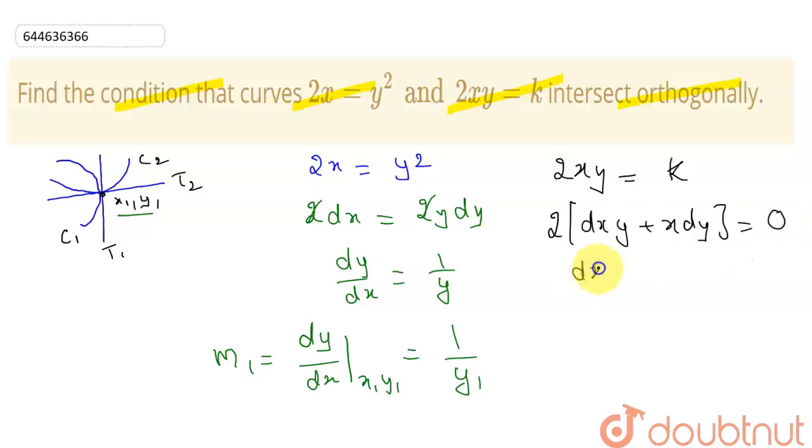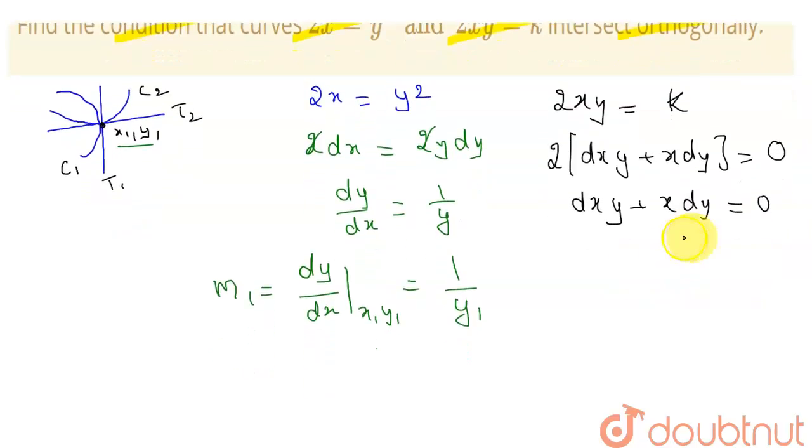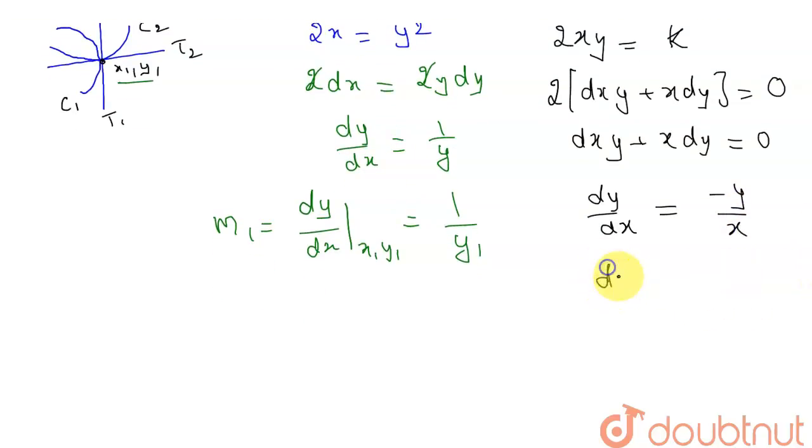So this gives me y dx + x dy = 0, and the value of dy/dx will be equal to -y/x. But we have to find it at the point (x1, y1), so at this point the slope will be -y1/x1. This is my second slope, m2.